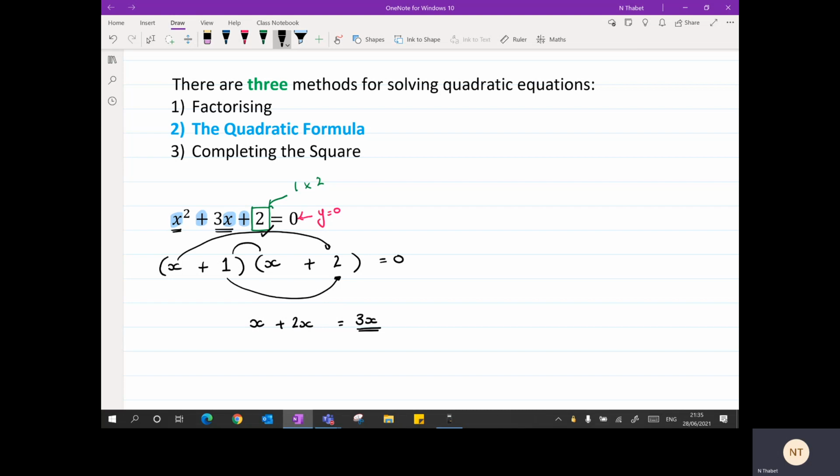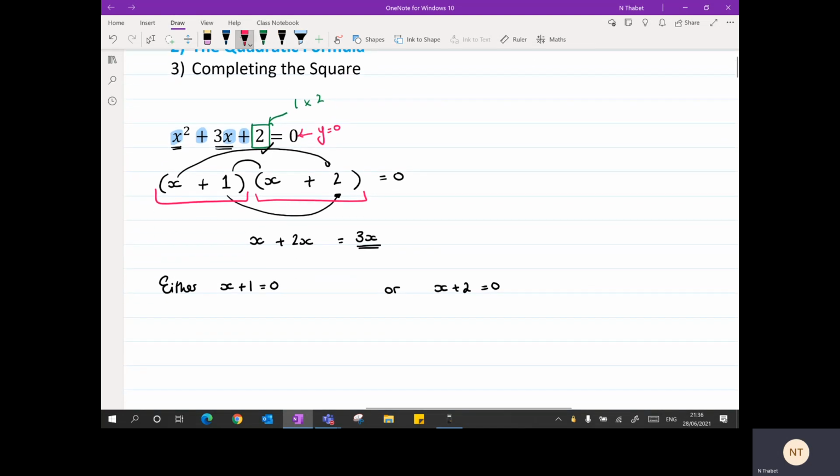So this is factorizing. Once I've factorized correctly, I want to solve. So I've got two unknown numbers. When they multiply together, they give me 0, which means either the first number equals 0, so either x plus 1 equals 0, or x plus 2, my second unknown number, equals 0.